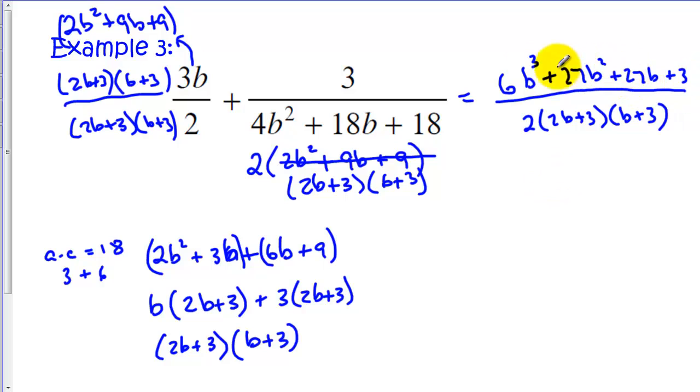And we should theoretically try to factor this to see if anything would cancel out. I can see here all those are divisible by 3, so we could factor out a 3.